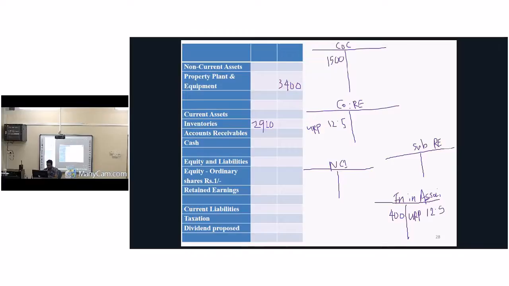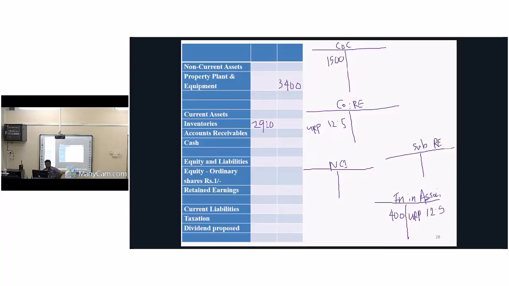That's how we should account for unrealized profit. Remember one thing: in this case, who is the selling party? The parent sold it to the associate. The selling party is the parent, so we adjust it to consolidated retained earnings and investment in associate, as we did.